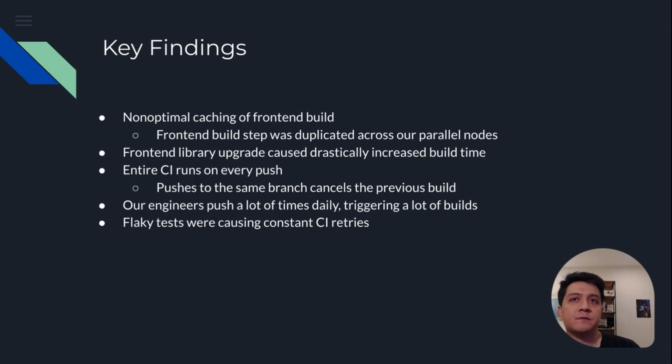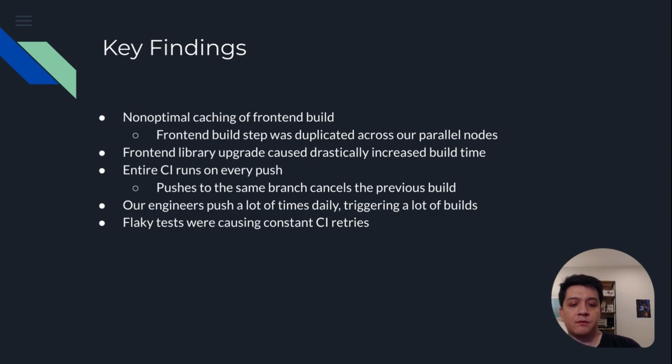When we did our audit, we also found several key problems that guided us in our approach. First off, we noticed non-optimal caching of the front-end build. We also noticed that the front-end build step was duplicated across all of our parallel nodes, which is a no-no.